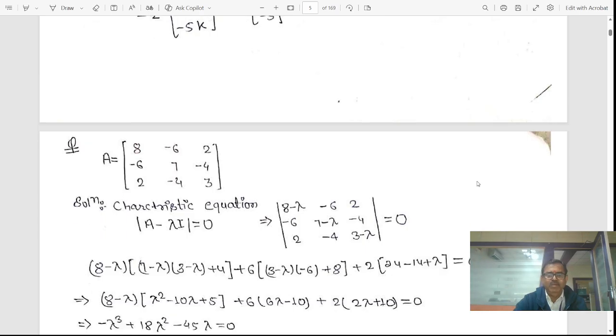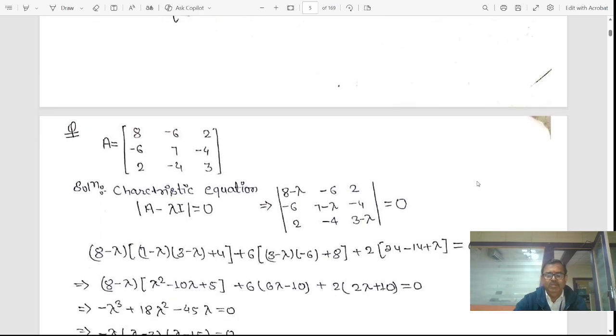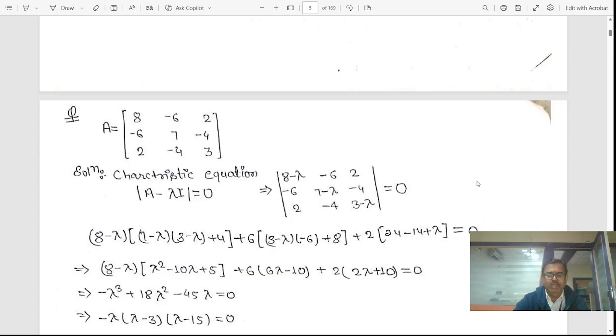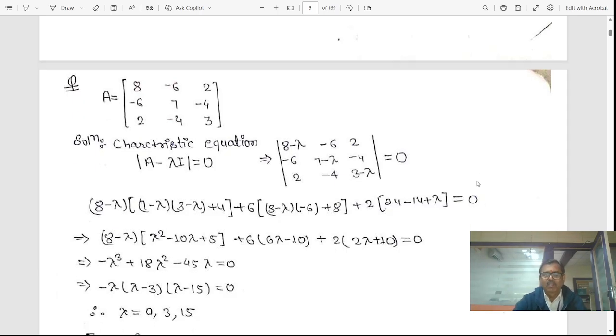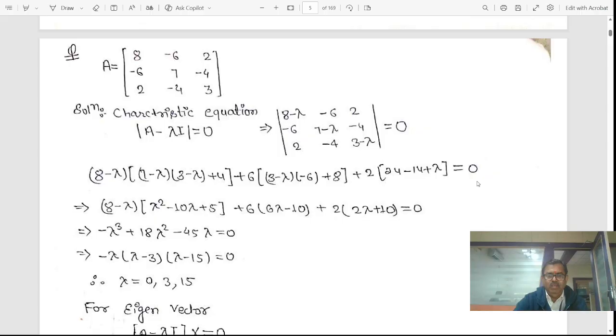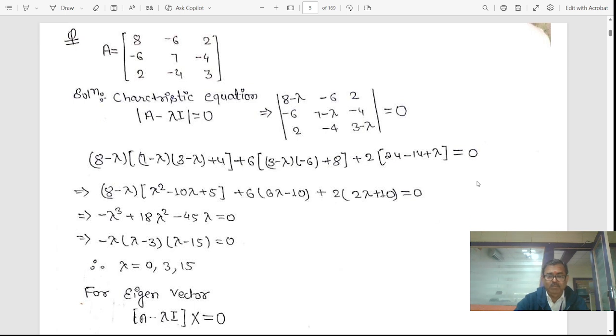So first we find its characteristic equation, which is |A - λI| = 0. So we can write this as |8-λ -6 2; -6 7-λ -4; 2 -4 3-λ| = 0. After evaluation of the determinant, here we get the equation in lambda: λ³ - 18λ² + 45λ = 0, written in the speaker's form as a lambda minus lambda cube plus 8 lambda square minus 45 lambda equal to 0.